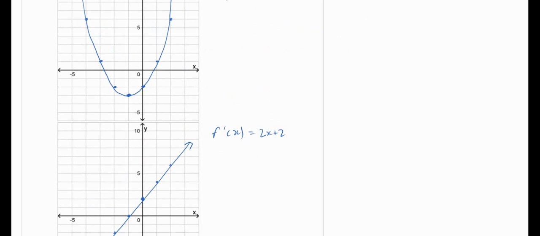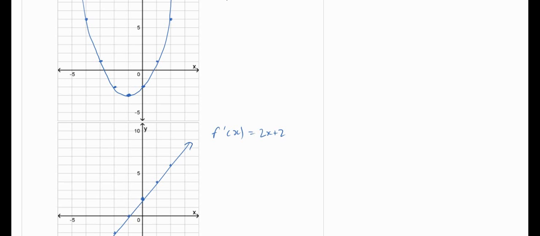We talked about the relationship. I'm going to let you get caught up and make sure everybody's there. So there's a relationship between a function and its derivative.